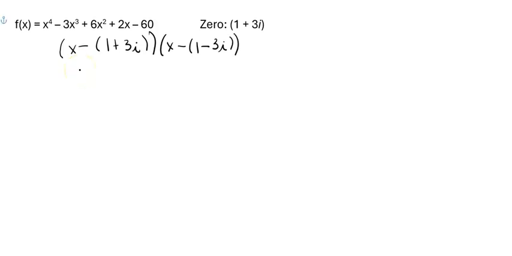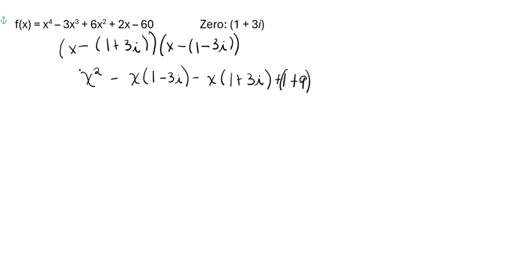When I multiply this out, I get x squared minus x times (1 minus 3i) minus x times (1 plus 3i). Then I multiply the last terms together, and they are complex conjugates, so that is plus 1 plus 9, which gives me 10.